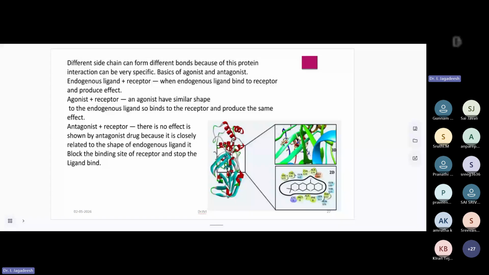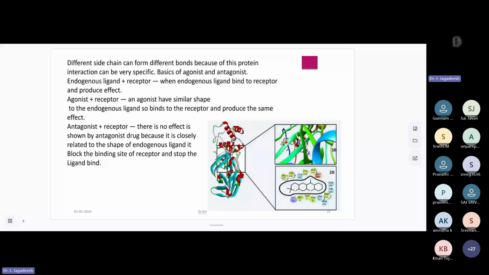Based on this phenomenon, we are going to have a molecule which comes out as an agonist or an antagonist. Because we are doing de novo synthesis, we are going to end up with a molecule which did not exist previously. So whether it is an agonist or antagonist, we now want to see in what way the molecule we generated will act as an agonist or as an antagonist. We need to find out now.